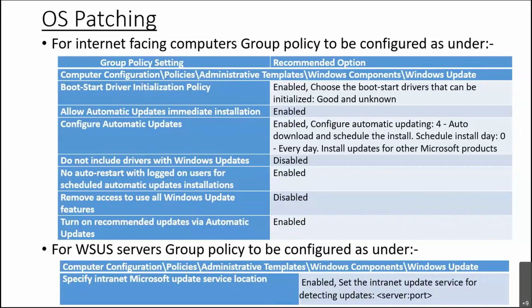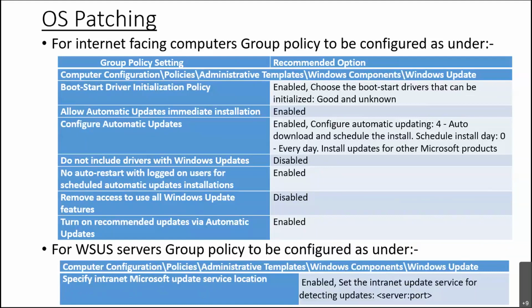In case the computers in an organization are connected to a WSUS kind of environment, then the method shown here will be utilized, and you need to define the server port which will be used for detecting the WSUS servers. What does a WSUS server do?